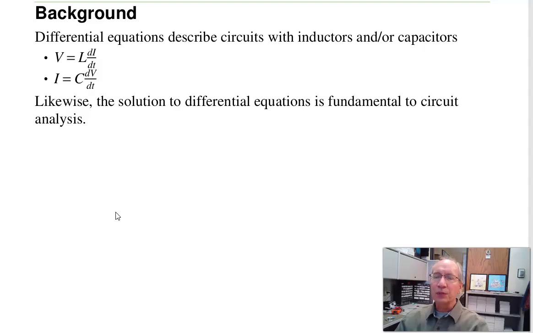So starting out, differential equations describe circuits with inductors or capacitors, and where that comes from is the VI characteristic for inductors and capacitors. For inductors, the voltage is L di dt, capacitors I equals C dV dt. So likewise, solving differential equations is inherent with trying to find the response to RLC circuits.